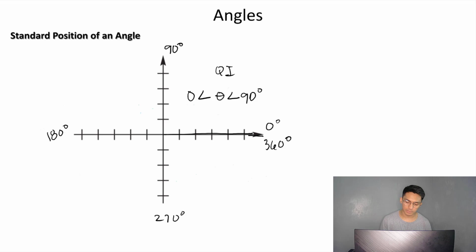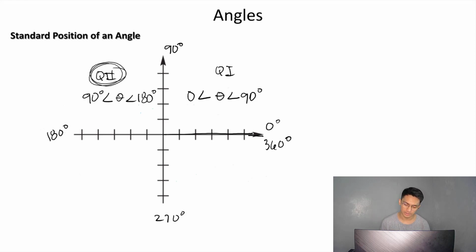And quadrant 2 naman, ito yung ating quadrant 2. We have here 90 degrees less than theta less than 180 degrees. So, if the obtuse angle is in standard position, malamang yung kanyang terminal side ay naglalay sa quadrant 2.